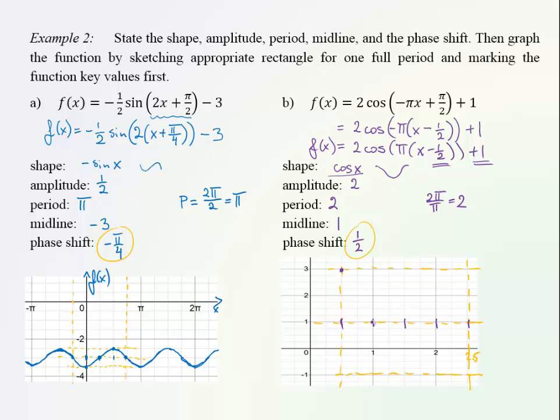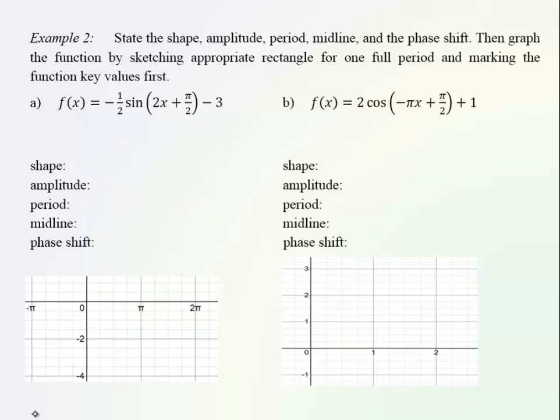So the top, 0, bottom, 0, top, and join smoothly those points. So the shape will look like this. Okay, that's our function f of x here. So if you practice this on many examples, it shouldn't be any problem. This is a really easy way of graphing. So follow these directions, please.